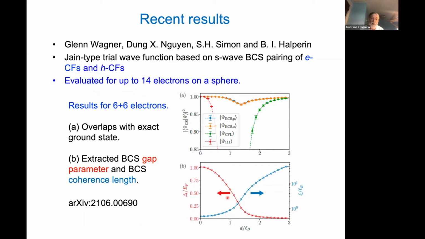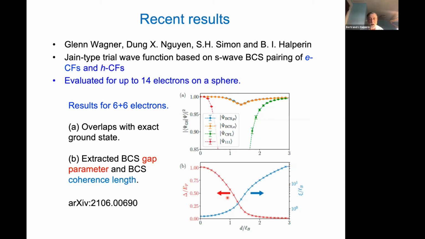And recently, I've been involved in a project with Glenn Wagner, Dong Nguyen, and Steve Simon, where they, not I, but they, based on this wave function, carried out numerical calculations. They constructed a Jain-type trial wave function based on this S-wave BCS pairing of electron and hole composite fermions.